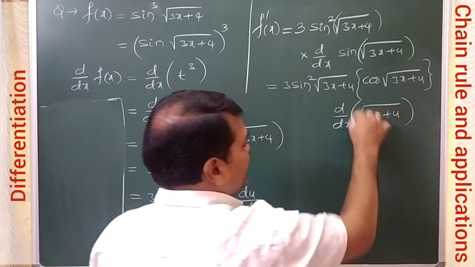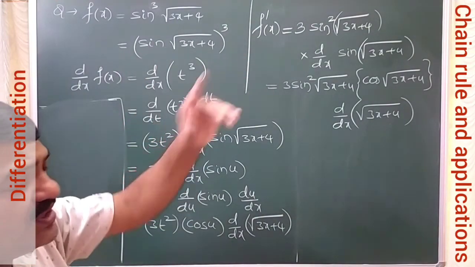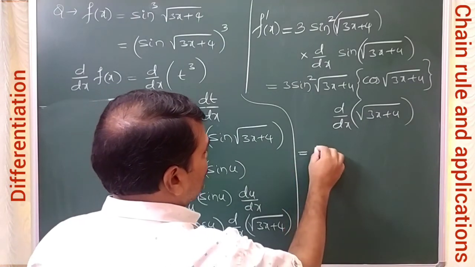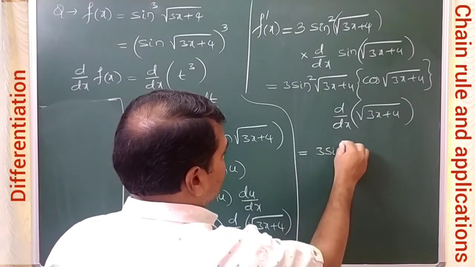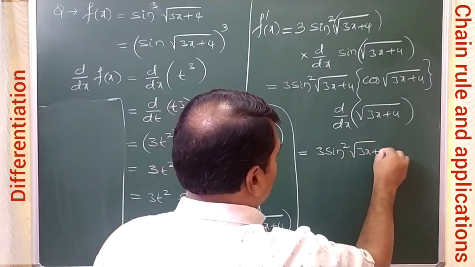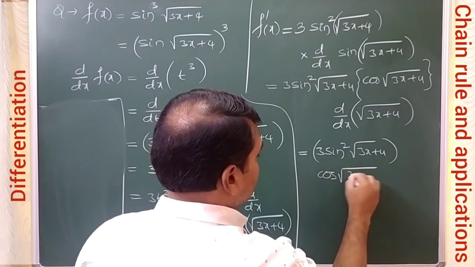Like this you continue the chain. It will be better to do it like this instead of taking t, u, v. By practice you must be able to do it like this. So 3 sine square under root 3x plus 4 into cos of under root 3x plus 4.